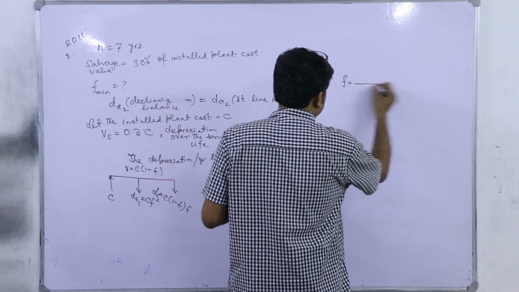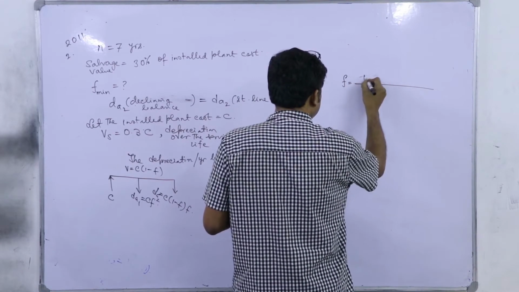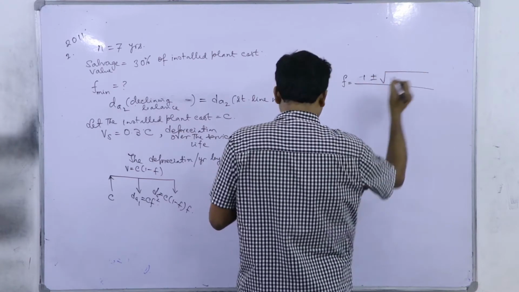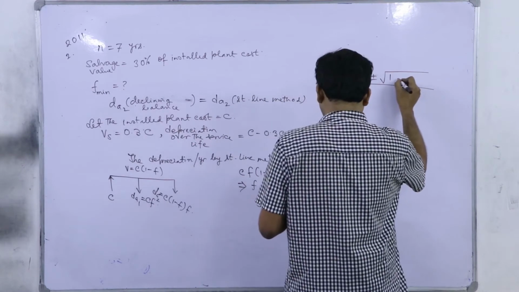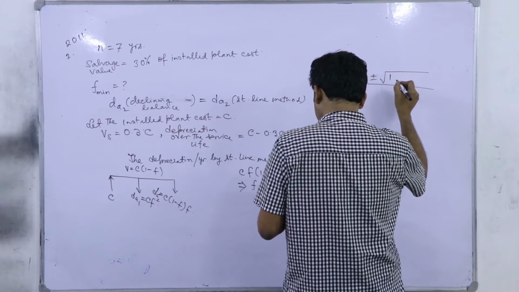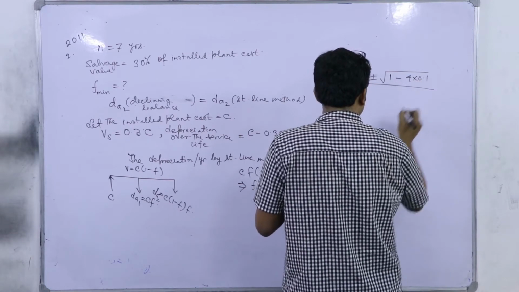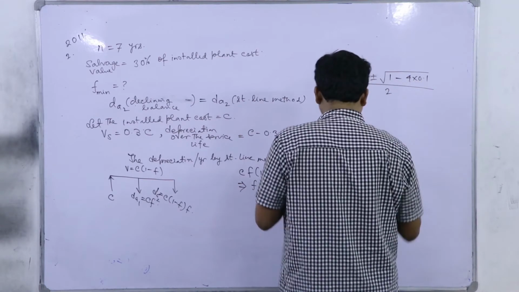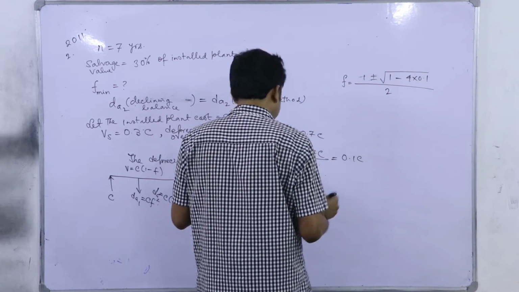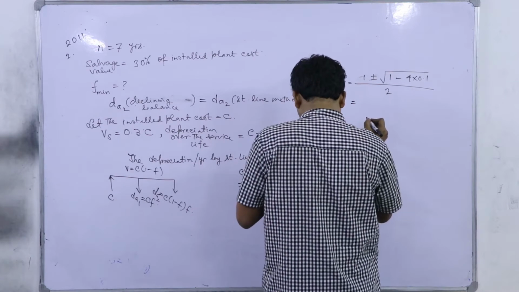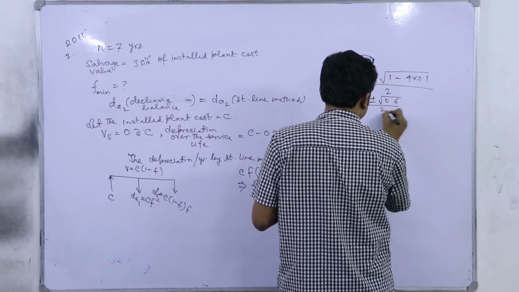So, F is equal to minus B plus or minus root over of B square minus 4 into 0.1, divided by 2. So, this is 1 plus or minus under root 0.6, divided by 2.